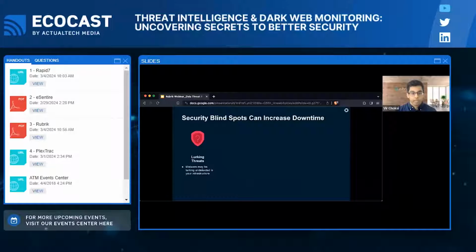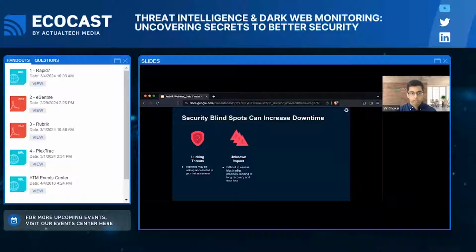Now, in spite of the security tools that are in place, there are still blind spots that can make recovery painful and drawn out. So malware might be lurking in your infrastructure. Endpoint detection and response tools can detect threats on devices, but they typically won't alert you to threats that are present on servers because they usually aren't deployed there.